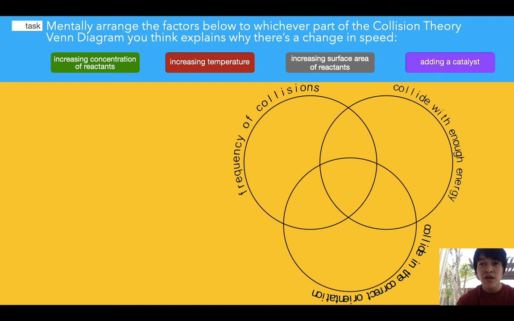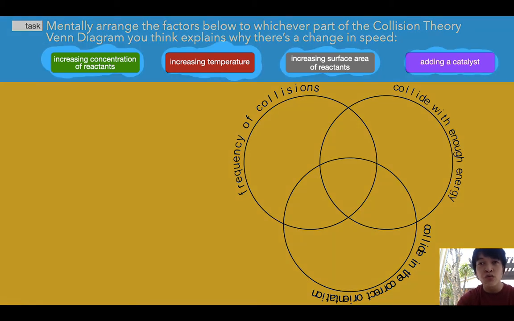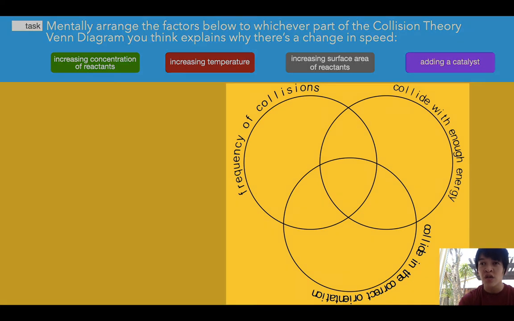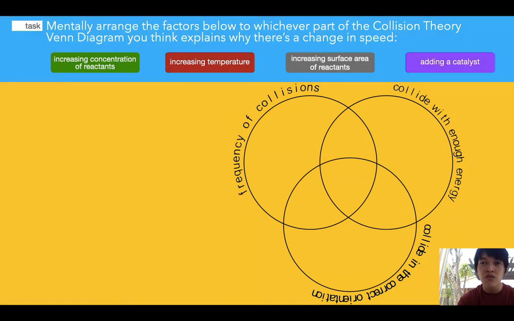We can now piece together our knowledge about factors that affect reaction speeds with the collision theory to actually explain why each factor causes reaction speeds to change. In this task, I want you to mentally arrange the four factors below to whichever part of the collision theory Venn diagram you think would explain why there's a change in speed.